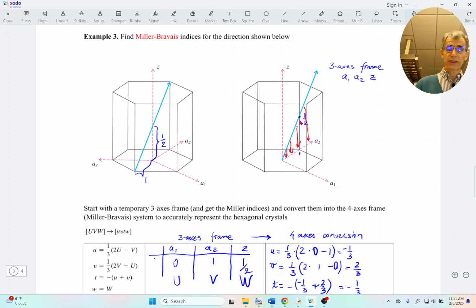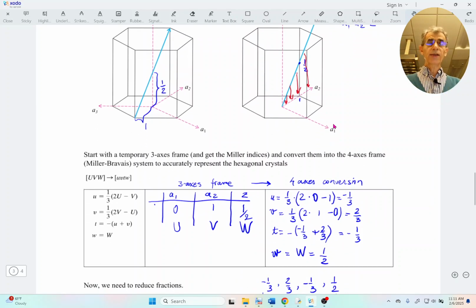Either way would work, it doesn't matter, so use whichever is convenient for you. I selected to go with 1 unit there and half along the Z axis.